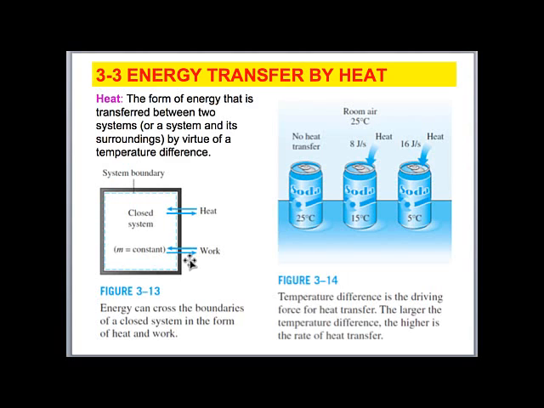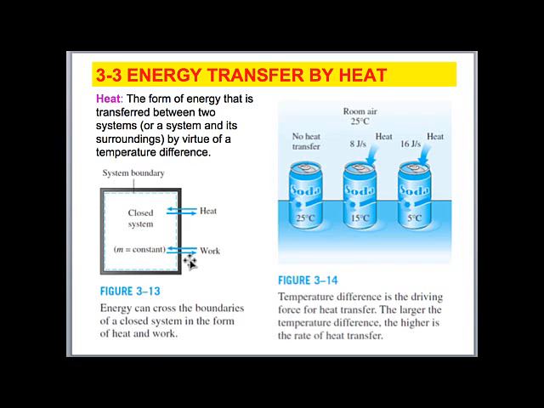Other types of energy that act on our system, so those others, internal energy, kinetic energy, and potential energy, are characteristics of our system, so inside this dashed line. Now we can have things cross our system. We can have heat cross our system, and we can have work cross our system boundary. What's the difference between the two?